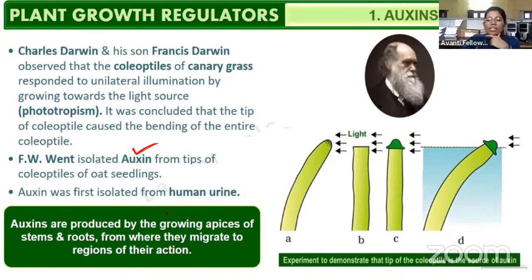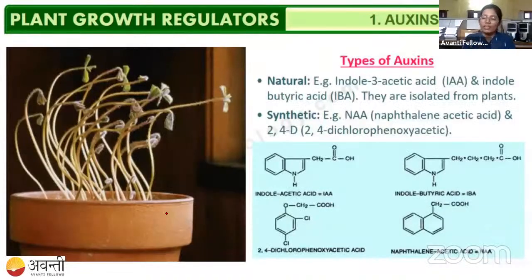Is this clear? Now let us see the functions of this auxin. Before the functions, there are two types of auxins. One is a natural auxin and one more is a synthetic auxin, which are man-made auxins. We have studied already two types of plant growth promoters. In the auxin also, from the plant itself, we can extract the auxin in the form of indole 3-acetic acid, that is IAA, and indole butyric acid, IBA.